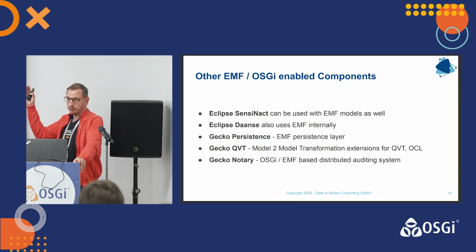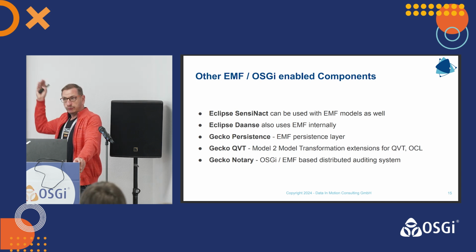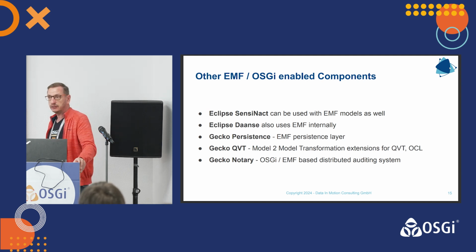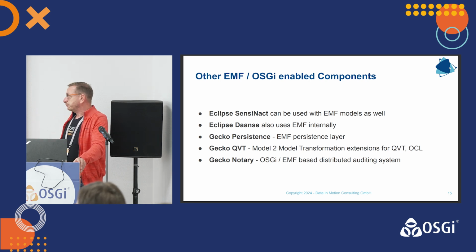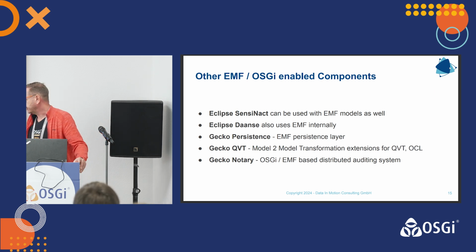We just provide it to the model atlas. Sensinect resolves all the schemas to our model atlas. The same applies to Eclipse Dance, which is a data analysis tool, and it internally also uses EMF, and it's also based on OSGi.